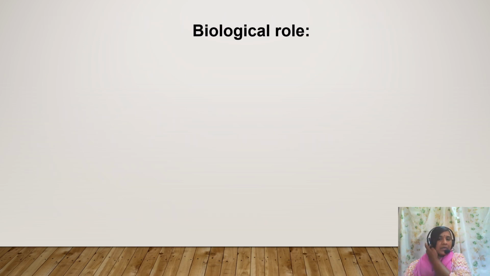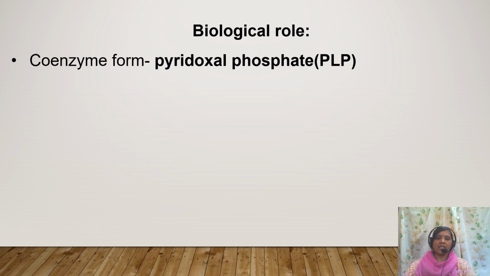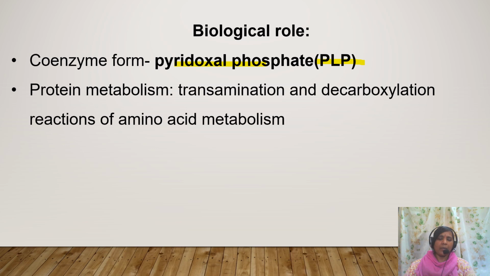Okay, now coming to the biological role of pyridoxine or vitamin B6. The coenzyme form of this vitamin is PLP, or pyridoxal phosphate. And this coenzyme has a role in protein metabolism. That is why its requirement varies with the protein content of the diet, if you remember.